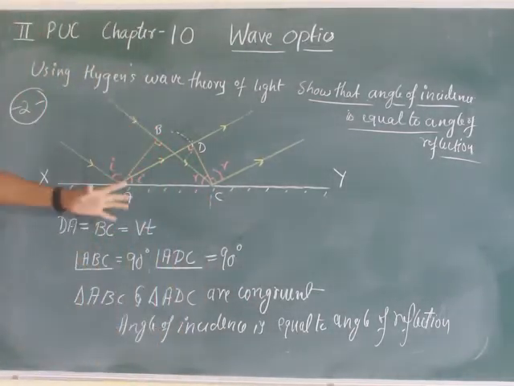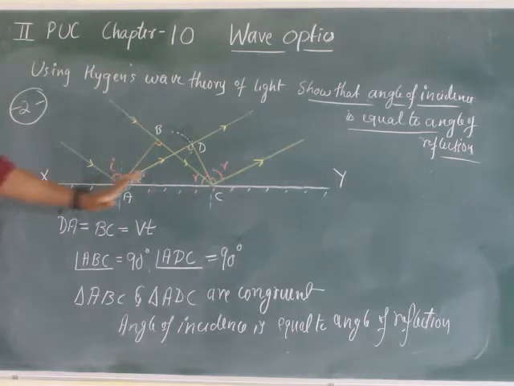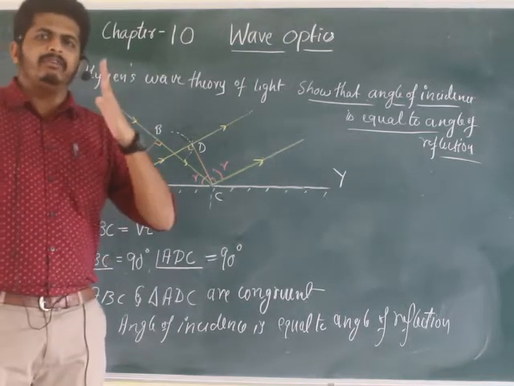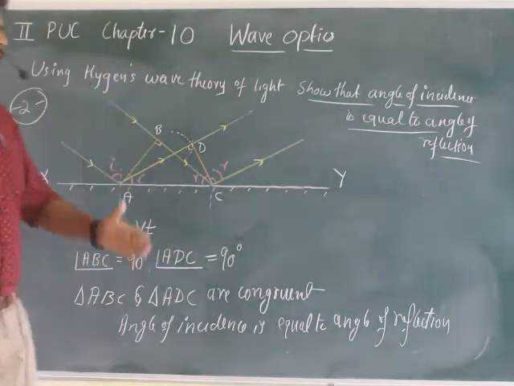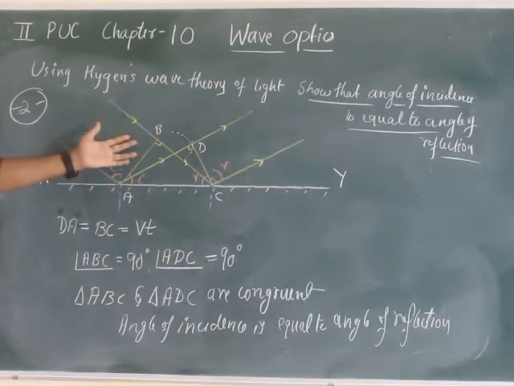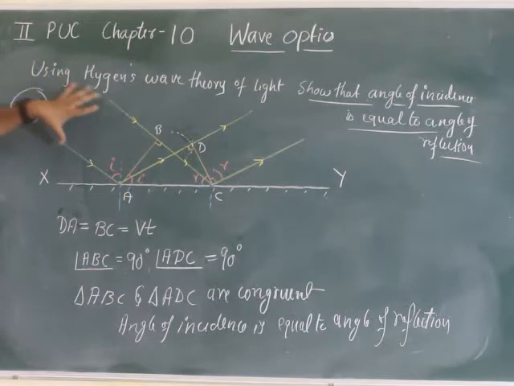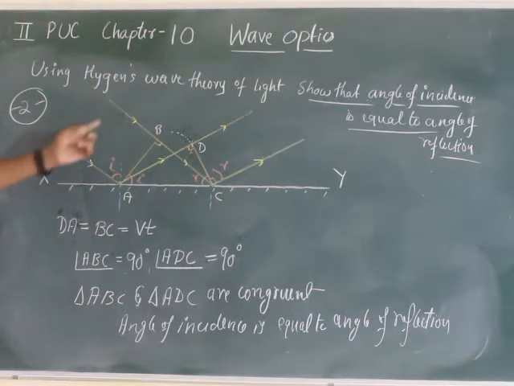So now what we do, we require a surface where the light ray will reflect. So we take a plane wavefront first, and the plane wavefront is assumed to be incident on the surface. We take them as two individual light rays.